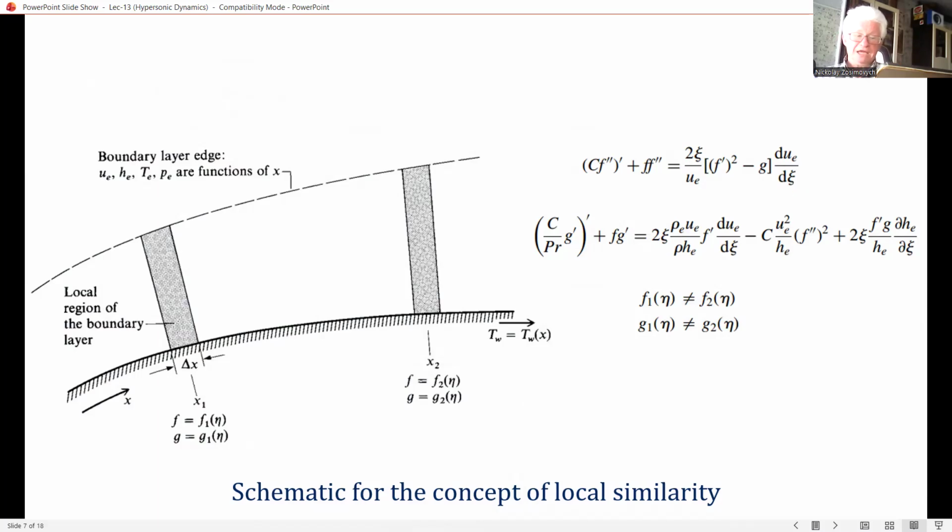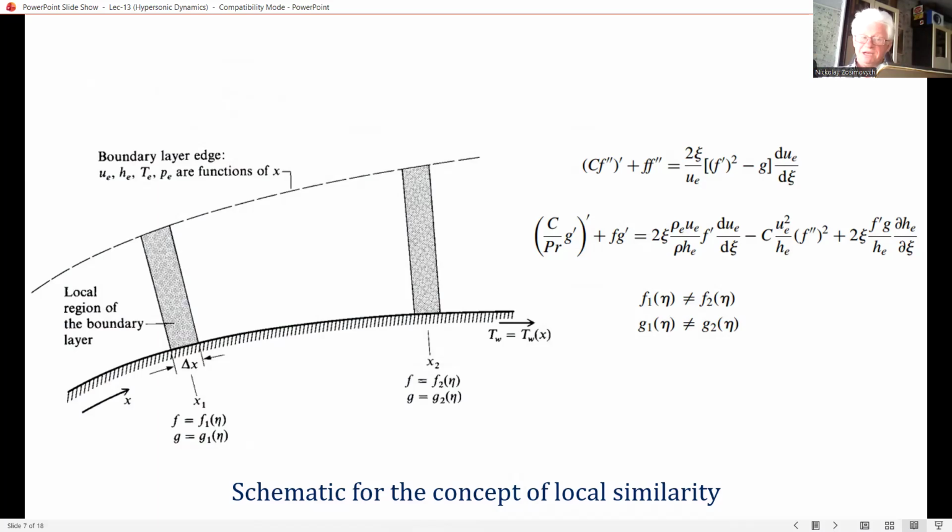Third, in this equation, assume that all the partial derivatives with respect to zeta, namely df over d zeta and dg over d zeta, are small and can be neglected. This is why the local similarity method is an approximate method.